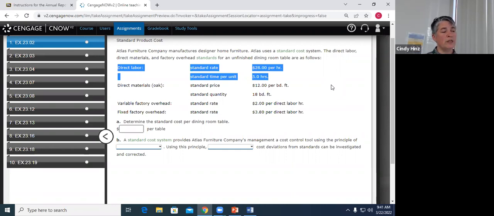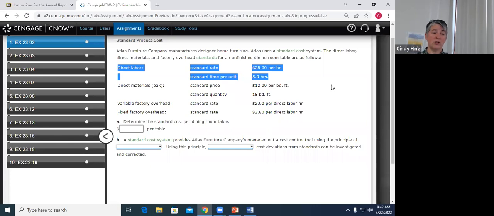Different companies, different textbooks use a little bit different language as we talk about this, but really what it comes down to for each one of these, for direct labor and direct materials, is how much did we use? So that's a quantity standard. And how much did it cost us per unit of use? When we're talking about direct labor, the units are number of hours.